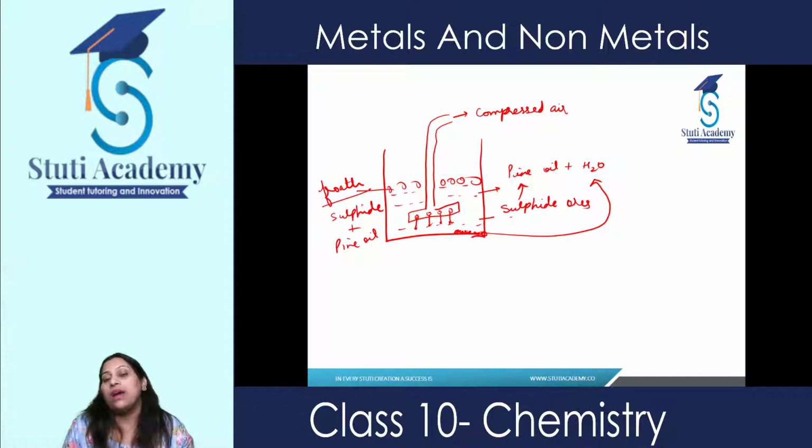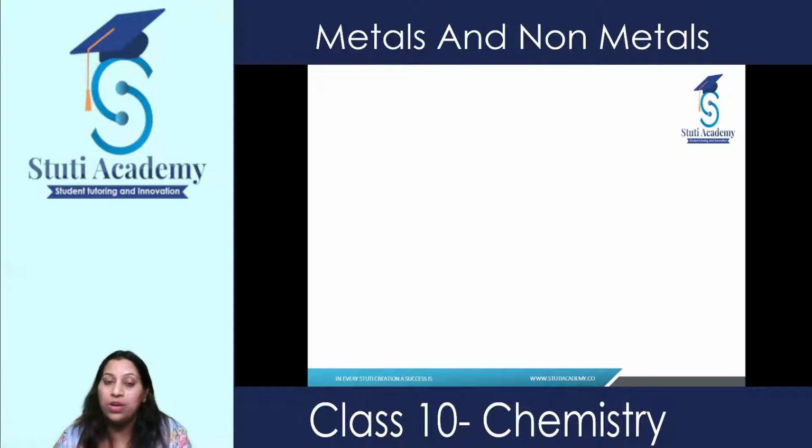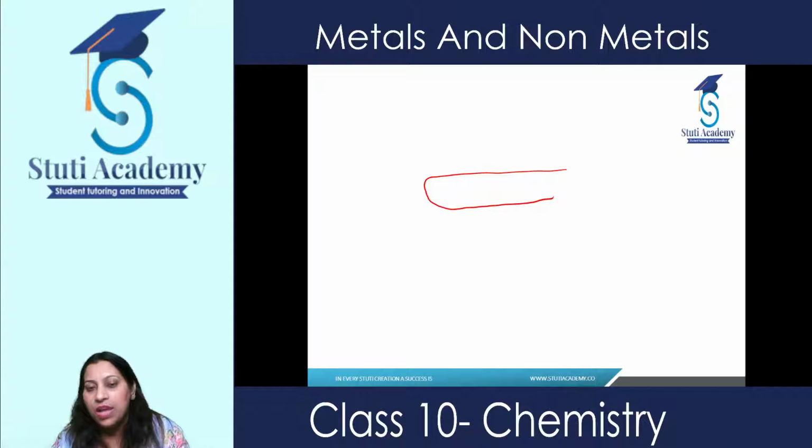Or a question can come: explain magnetic separation, or how will you separate magnetic substance from non-magnetic substance. Then in that case, you'll explain with the help of this diagram in which a magnetic roller is present. This is the magnetic roller in which magnets are present.